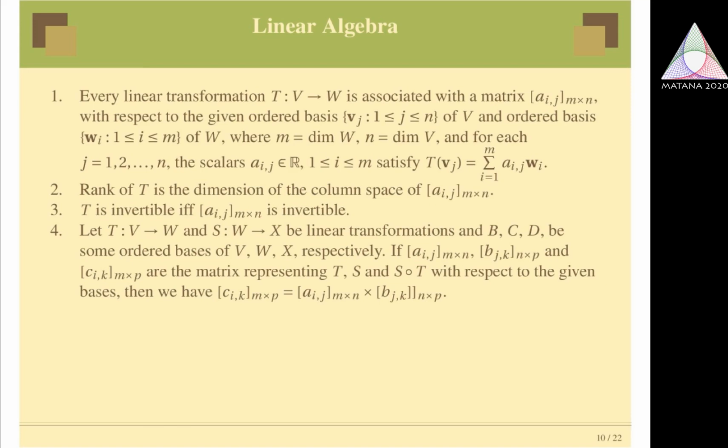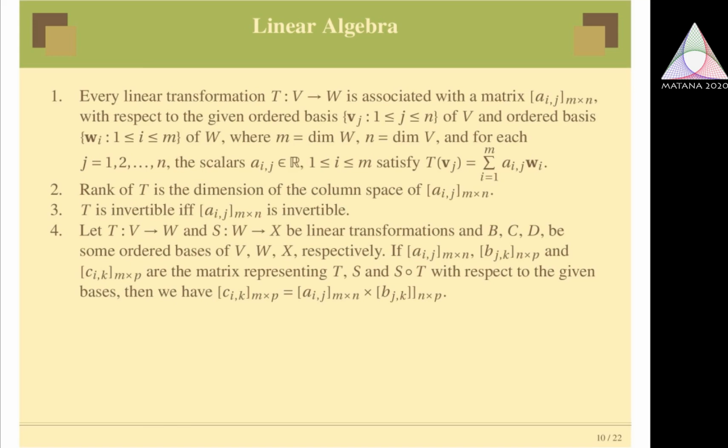Since Vj is a member of V, T of Vj is a member of W. Since W1, W2, ..., Wm form a basis for W, this T of Vj can be written as a unique linear combination of the Wi's. That is, T of Vj is equal to the sum of Aij Wi, i varying from 1 to m.